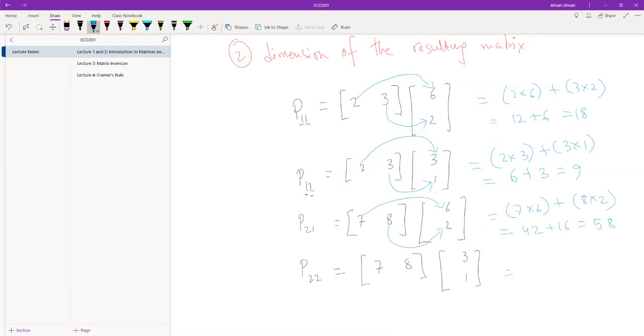And for P22, this. So what we get is 7 times 3 plus 8 times 1. So 21 plus 8 is 29.